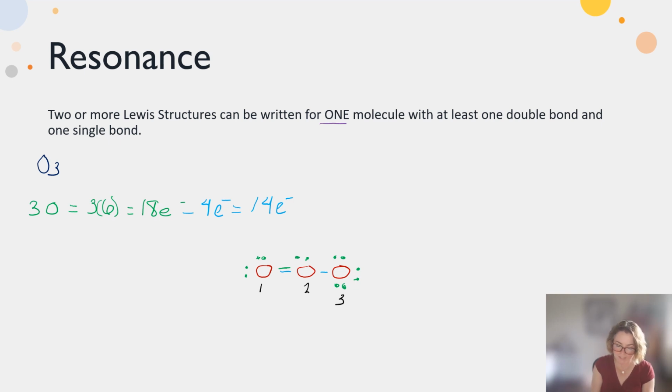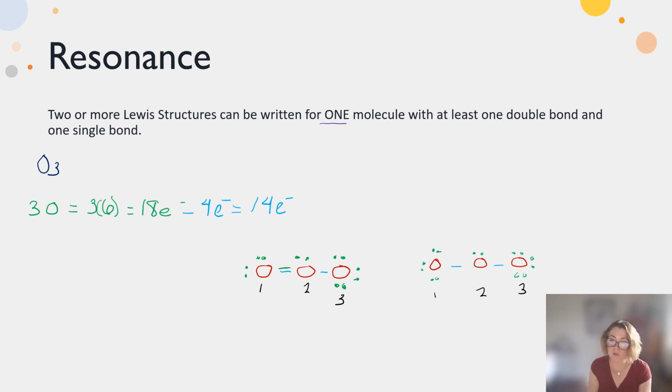But could I have taken and moved that double bond to the other side? Well, let's take a look at that. Let's set everything up over here exactly the same as we had over here. Okay, so I'm going to put all my lone pairs in. And I am still going to label these as oxygen number 1, oxygen number 2, and oxygen number 3.